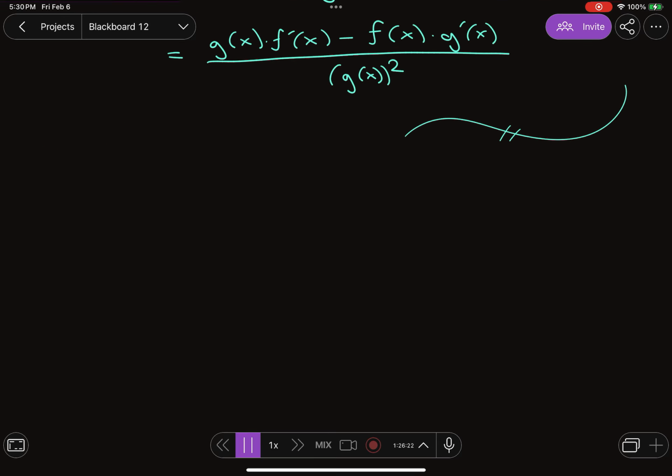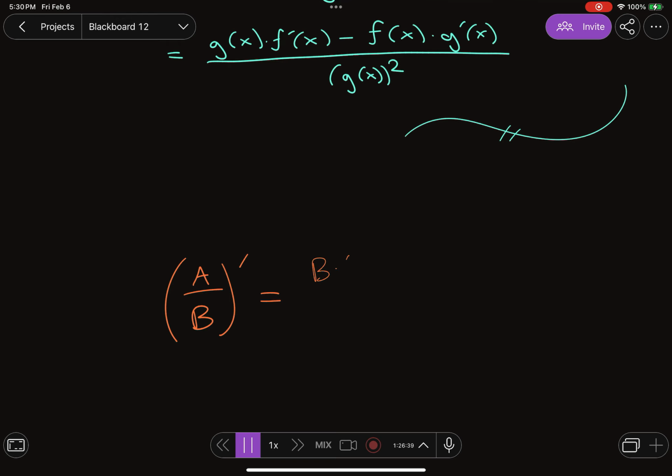To really emphasize symbolically what we just said, let's see some examples. A divided by B, prime: how I like to remember this is low D high minus high D low. So let me write that down.